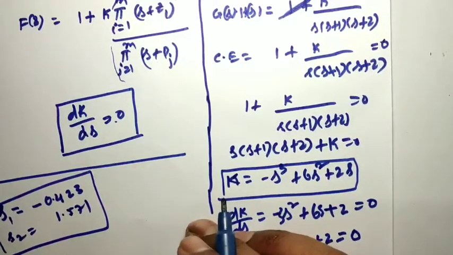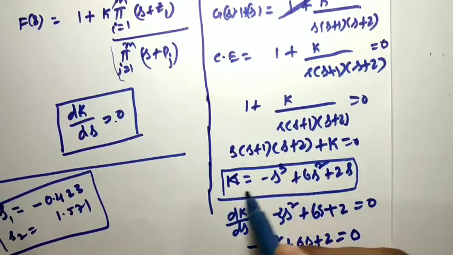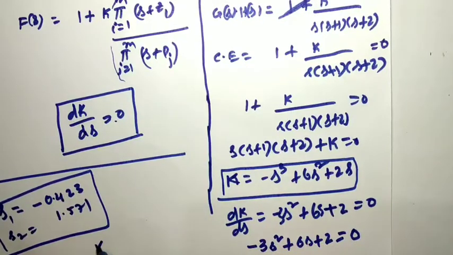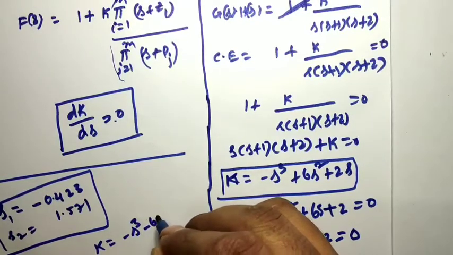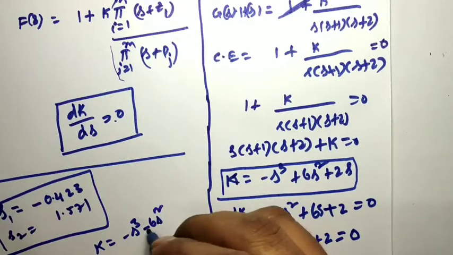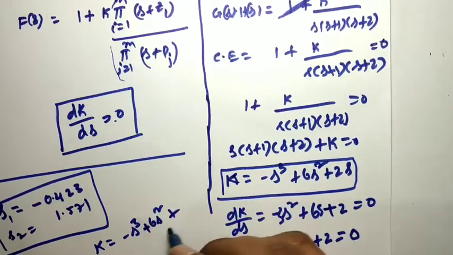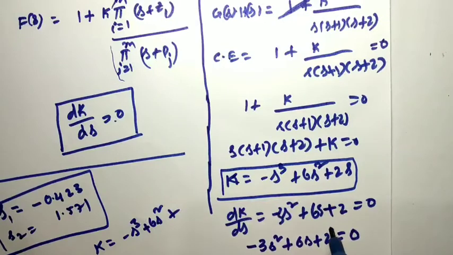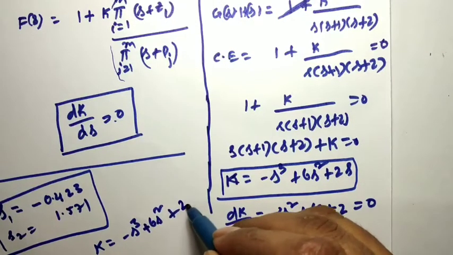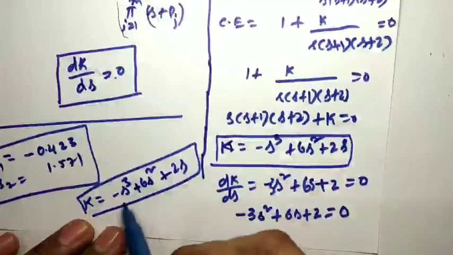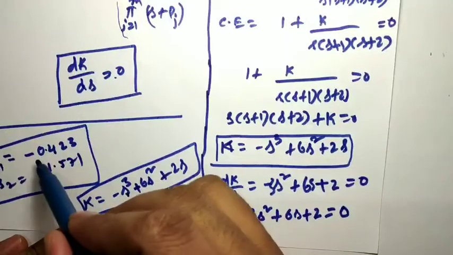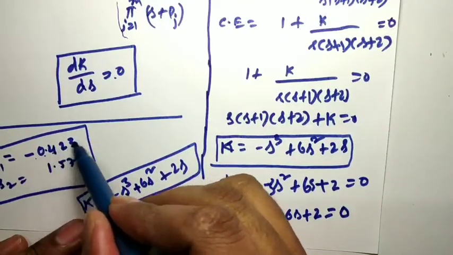To find that, we substitute in this equation. k is equal to minus s cube minus 6s square minus 2s. So if we substitute the s values in this equation, first minus 0.423 whole cube.